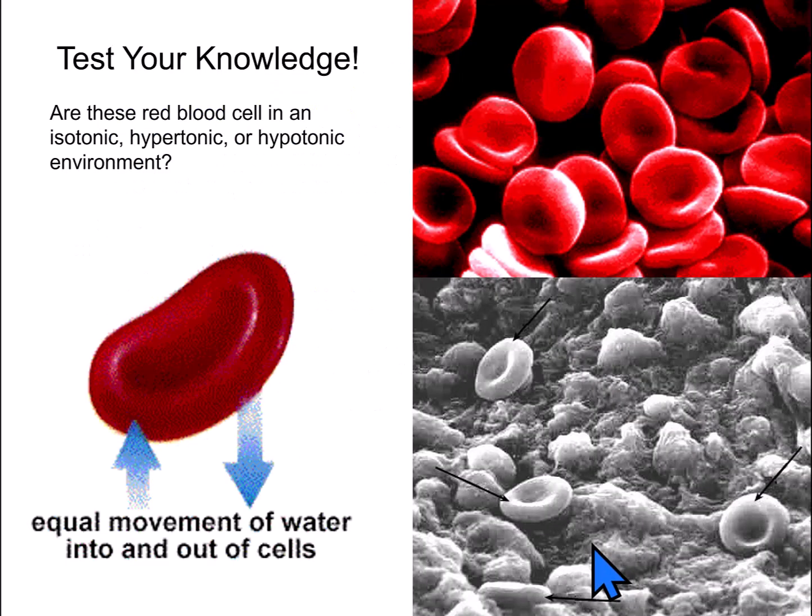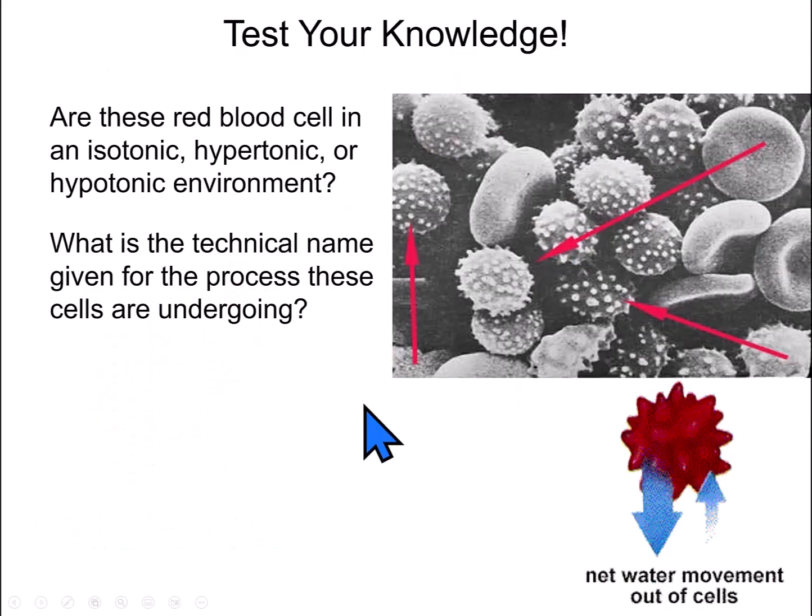Let's test our knowledge. Here we have a red blood cell. These arrows are representing water moving into and out of the cell. What type of solution is this cell in? Isotonic environment. Here's another one. Are these red blood cells in an isotonic, hypertonic, or hypotonic environment? And what's the technical name given to the process these cells are undergoing?